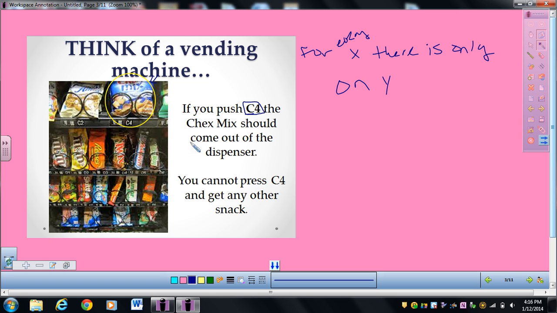You can't get anything other than Chex Mix because every one of these things only has one code. So you're going to get exactly what you put in. So you put C4, you get Chex Mix. You put in C2, you're going to get the famous Amos. Okay? You only can get one thing from each thing.